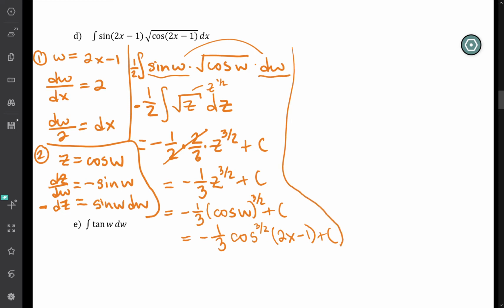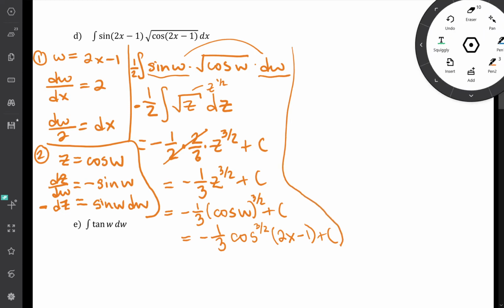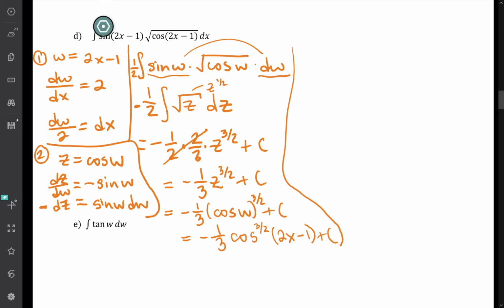But I will say that I encourage you as we work on these to get comfortable not using a substitution for the really simple things that just chain out a 2. So the way that would look is I would just do a single step. I would say I'm going to replace the whole thing in one step, cosine 2x minus 1.